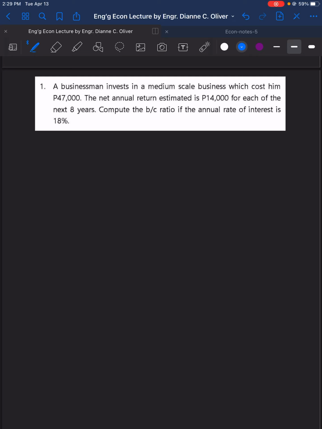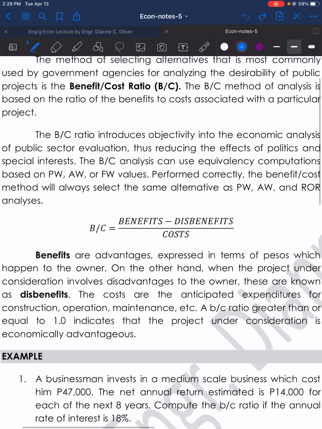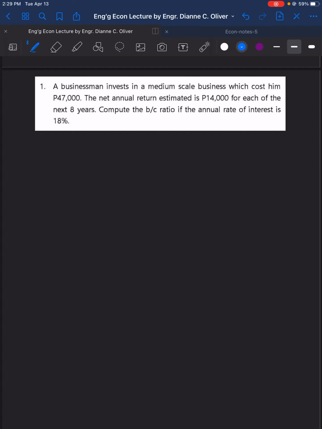So remember that the formula for the benefit cost ratio is benefits minus disbenefits all over cost. But in this problem, there is no mention of disbenefits and there is no amount or cost for the disbenefits, so we will remove it from the formula.